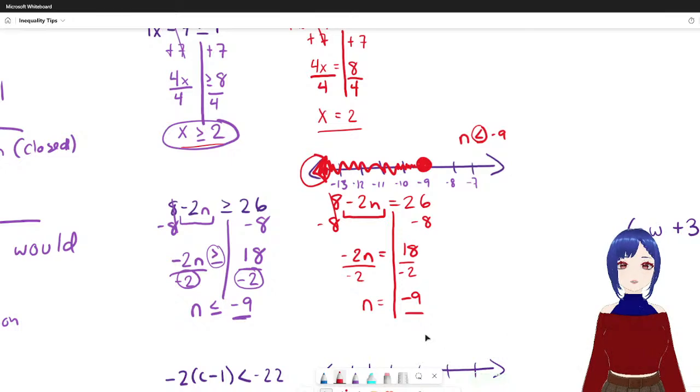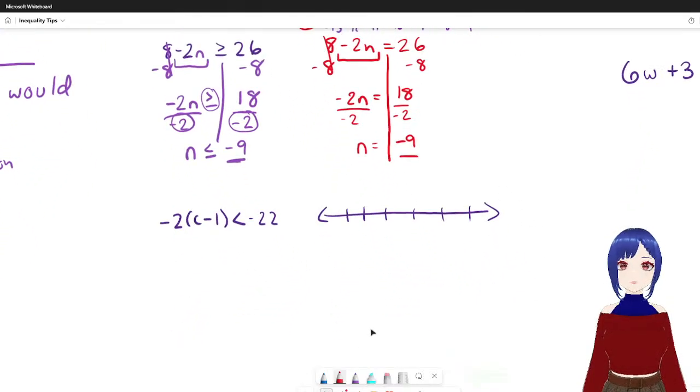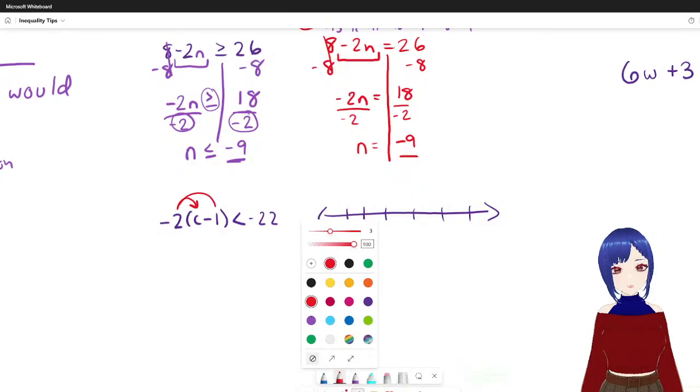On our next one, we have a strict inequality, but we also have parentheses, so we gotta use the distributive property. Remember, when we distribute, we're multiplying, because this is -2 times c minus 1. It's -2 times the whole thing, so we gotta distribute that -2 to both numbers.